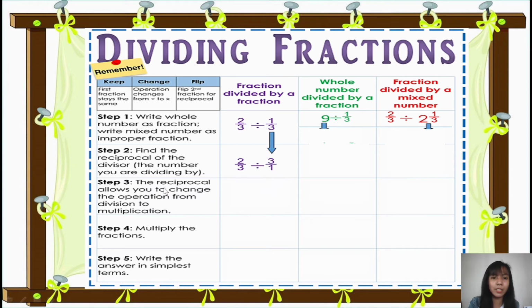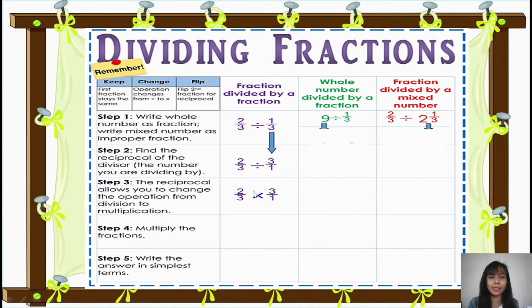And then step 3, the reciprocal allows you to change the operation from division to multiplication. So after you do the reciprocal, you have to convert this division into multiplication. So now it becomes like this. 2 over 3, just the same fraction. From division to multiplication, multiply, alright? 3 over 1.